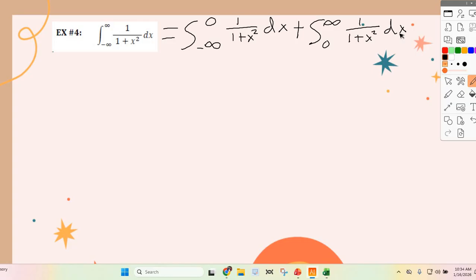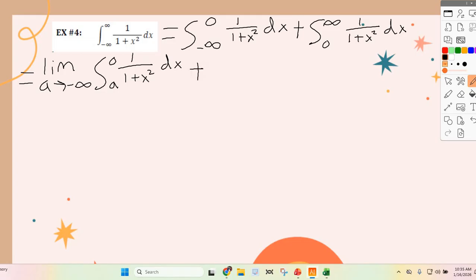Okay. So on our first one, what do we need to let that negative infinity be? And we're going to take the limit as a goes towards negative infinity. And then for our second one, what are we going to let our infinity be?